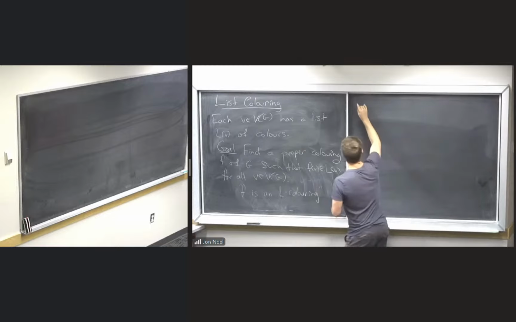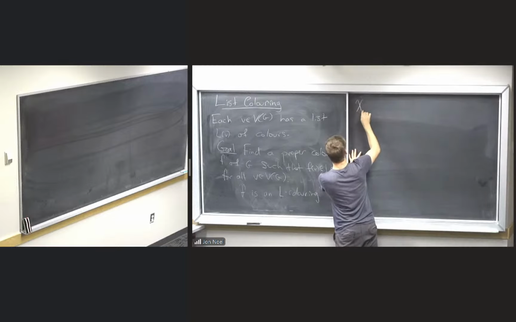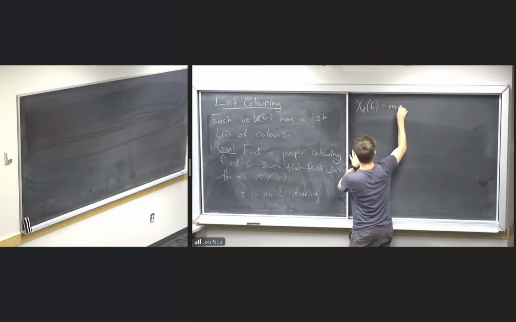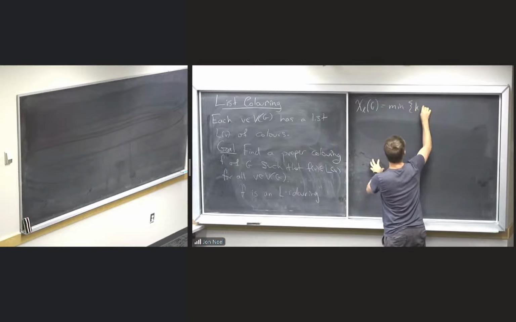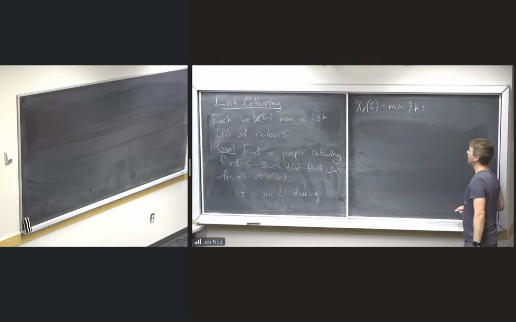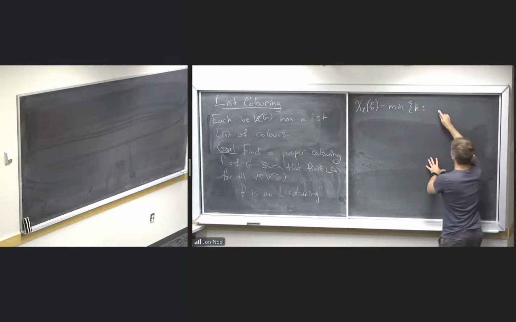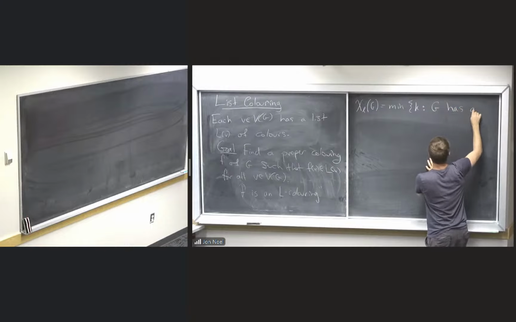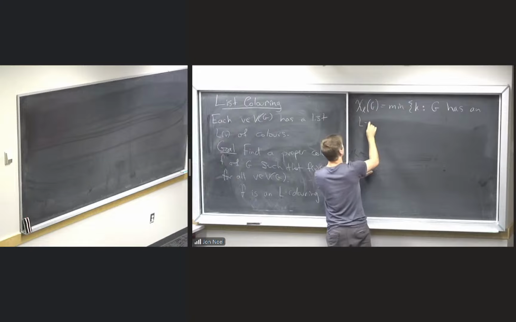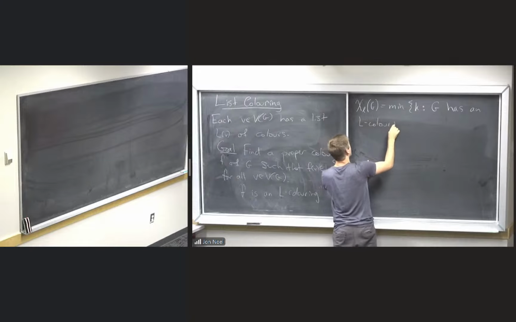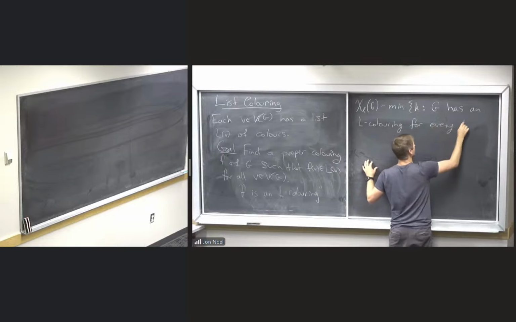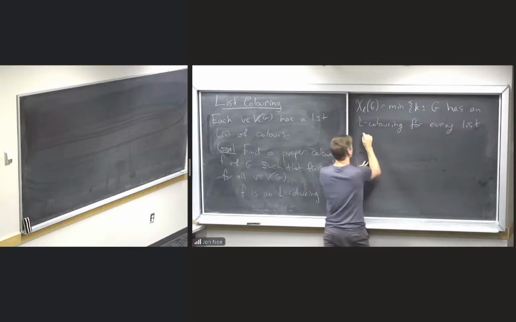Okay, and then there's this list chromatic number, which is the minimum k such that G has an L-coloring for every list assignment.